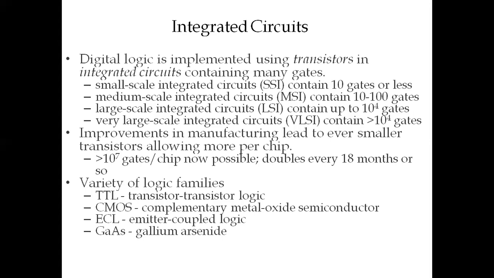Okay, and there are multiple logic families which are used to implement the integrated circuits like TTL, transistor transistor logic, CMOS, complementary metal oxide semiconductor, ECL, emitter coupled logic, then gallium arsenide, that is basically used for high frequency applications. So mostly we are going to concentrate on CMOS, complementary metal oxide semiconductor logic family.